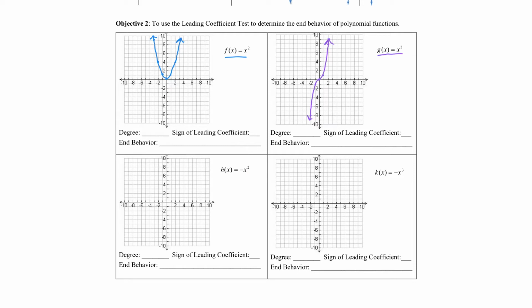We know what happens when we take the opposite of our parent function. It flips it over the x-axis; it reflects it about the x-axis. So we're looking at this graph. And then finally, the graph of k of x equals the opposite of x cubed. That's also going to be a reflection about the x-axis.